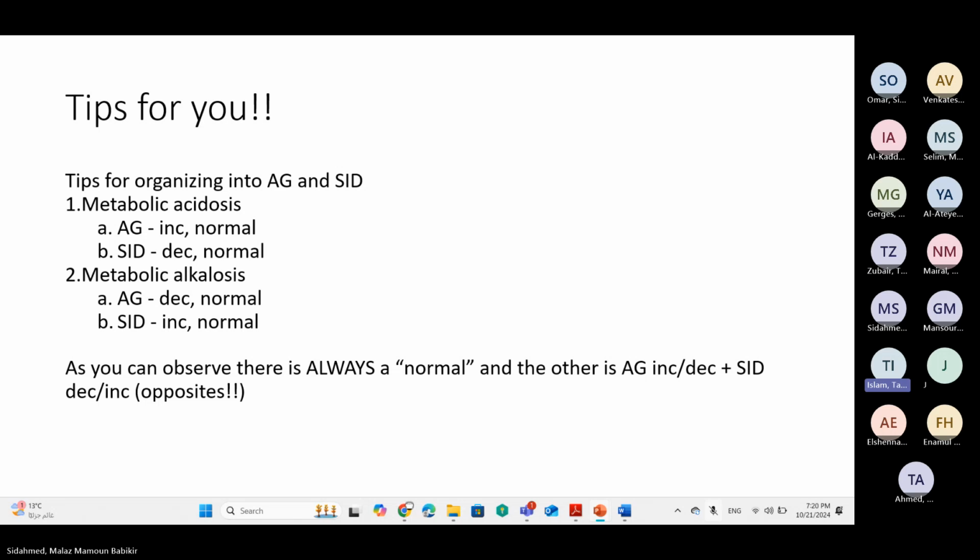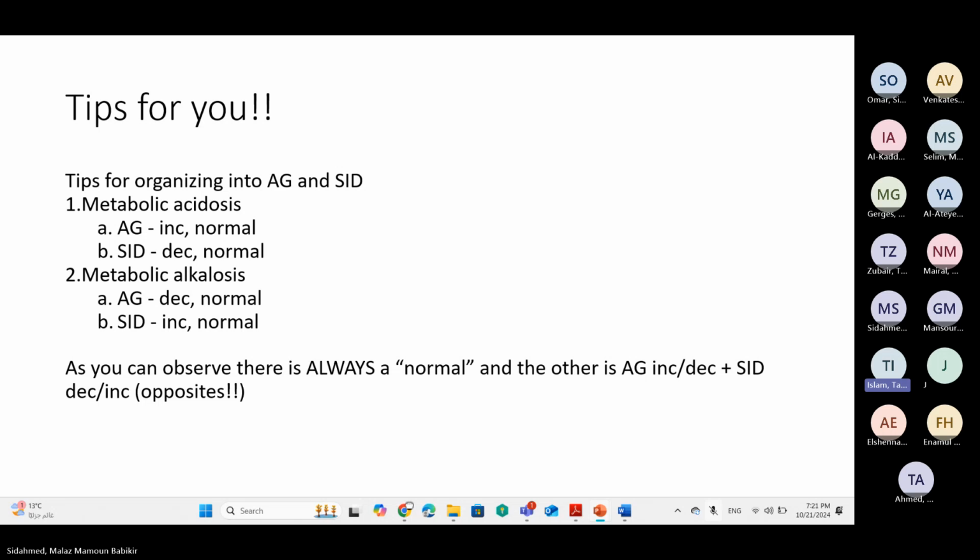For example, for metabolic acidosis, I remember that for both AG and SID there's normal, once again. Now, how do I prevent getting confused about which has an increase and which has a decrease? Well, that's easy. I just remember for anion gap in metabolic acidosis, there's always an increase. So if there's always an increase for anion gap in metabolic acidosis, that means for SID in metabolic acidosis there would be a decrease.